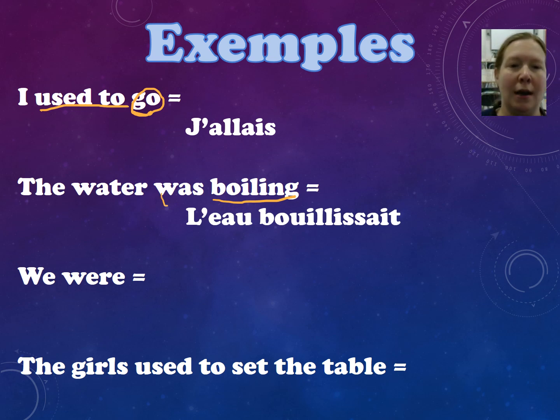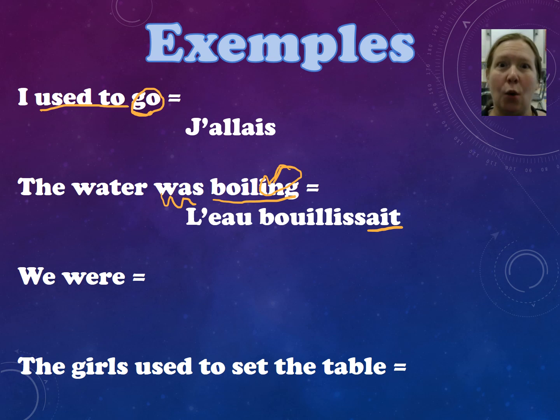The was-ing tells me to put it in the imparfait. I have passé composé on the brain, we've been doing it so long. So, again, it's an IR verb, so you end up with bouillisson, but you take off the O and S, and then you add your AIT, and you end up with bouillissait.